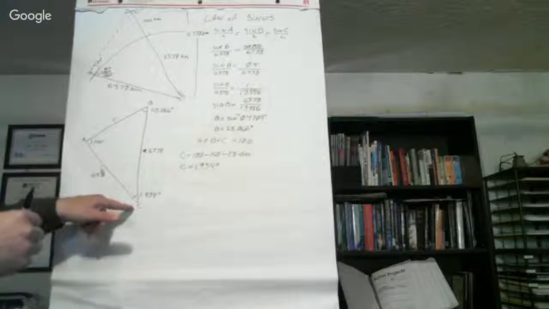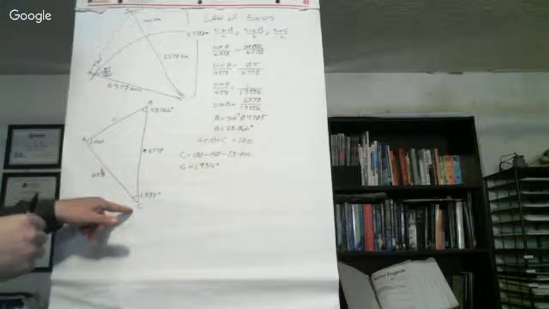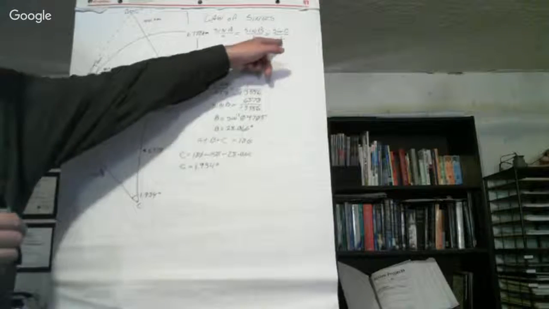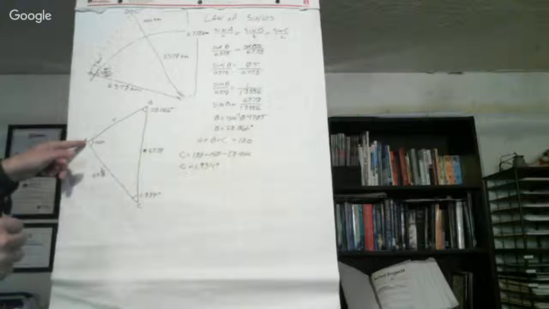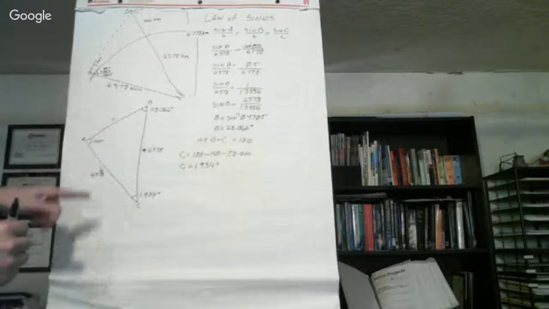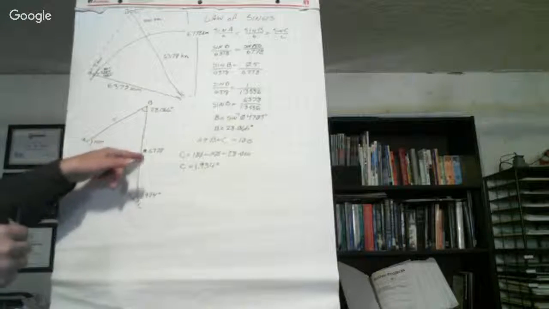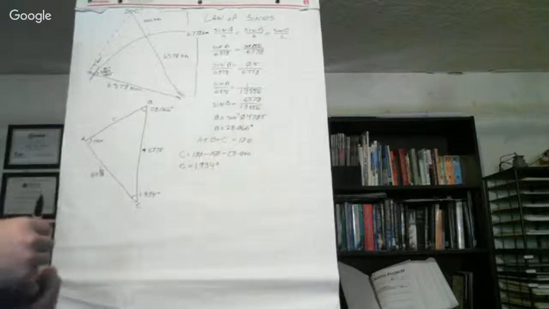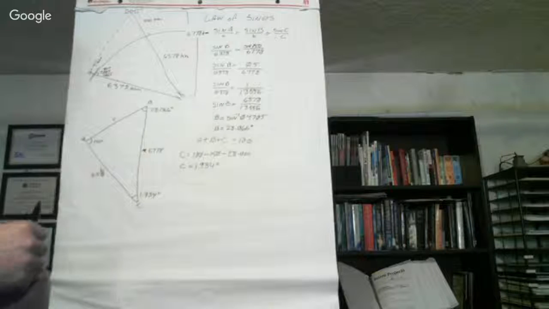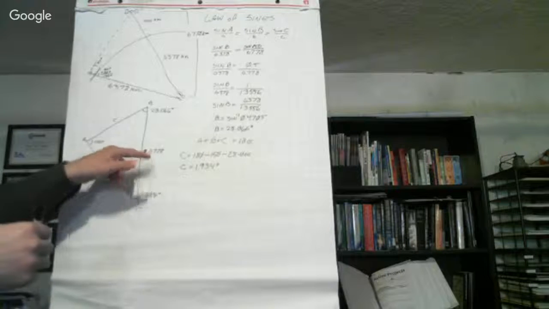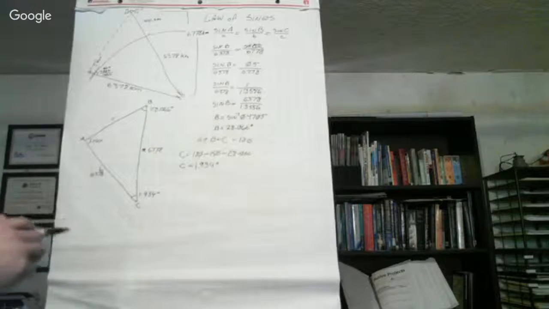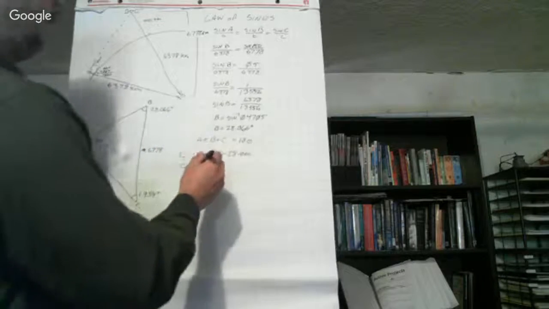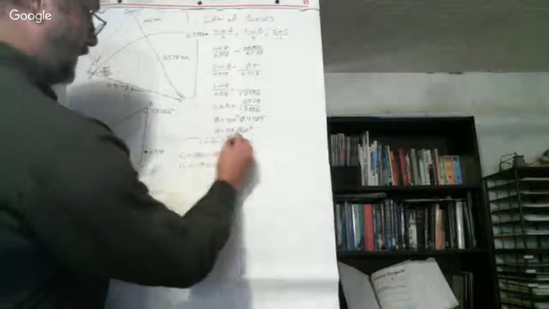We know C, we know the angle, so therefore we can get the ratio. We also know the angles A and B, and we also know the segment lengths of B and A. So we could use any one of these. But let's use the one with the largest number, that being segment A.